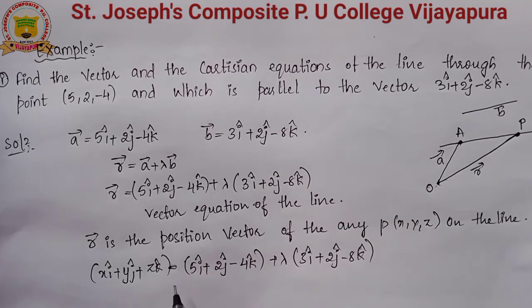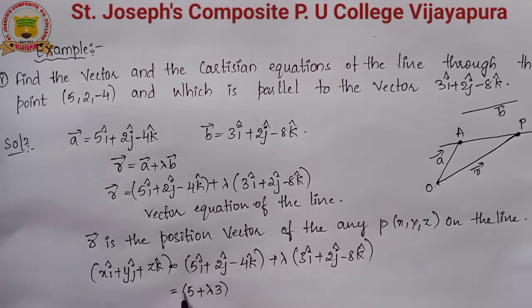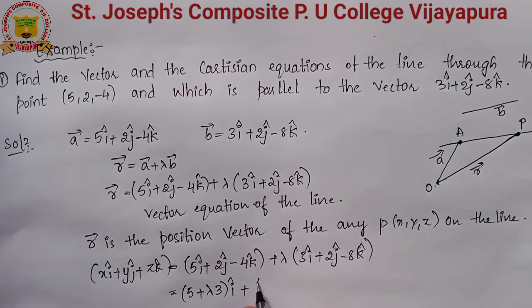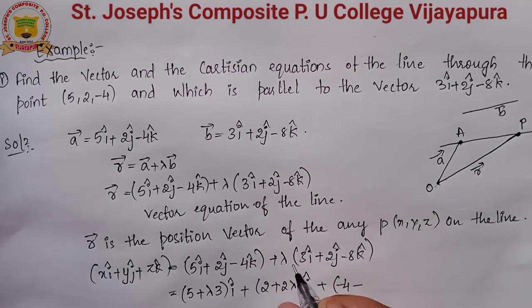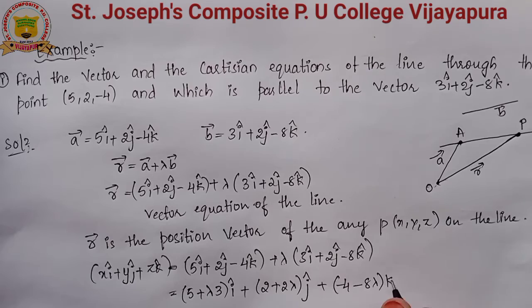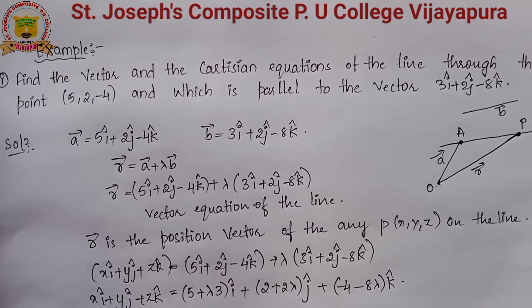Now adding and making one side i, j, k: (5 + 3 lambda) i vector plus (2 + 2 lambda) j vector plus (-4 - 8 lambda) k vector, which is equal to xi + yj + zk.